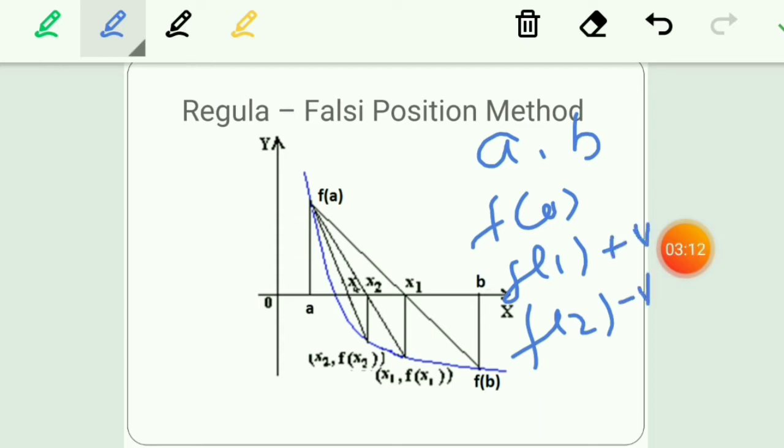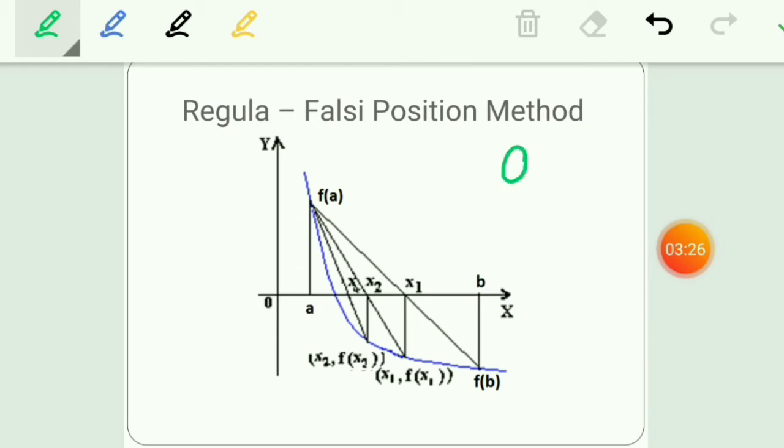This gives me the positive value and this gives me the negative value. So this value gives me a and this value gives me b. So first, this is my procedure: I need to get the values of a and b by random check, where I get alternate signs for f of a and f of b.